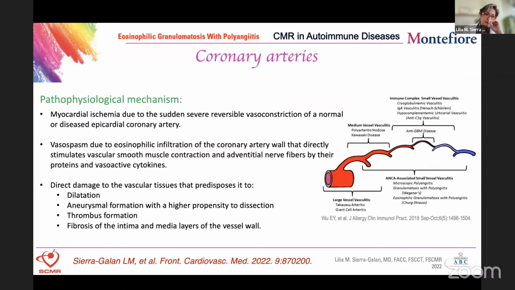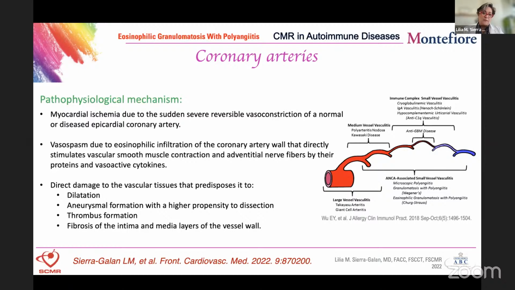The coronary arteries are also affected because it's a vasculitis, and the pathophysiological mechanism is myocardial ischemia due to sudden severe reversible vasoconstriction of a normal or diseased epicardial coronary artery.